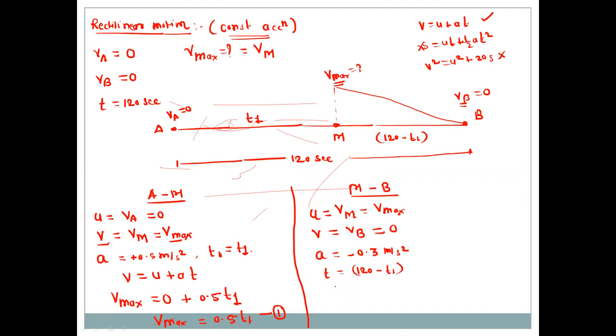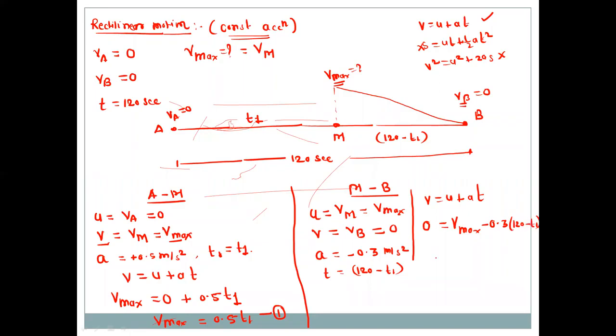Again use the same equation, V is equal to u plus at. V is 0, the u value is Vmax, and the acceleration is negative 0.3 into bracket 120 minus t1.